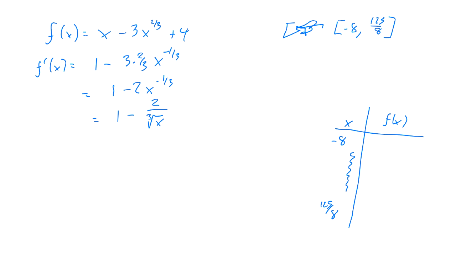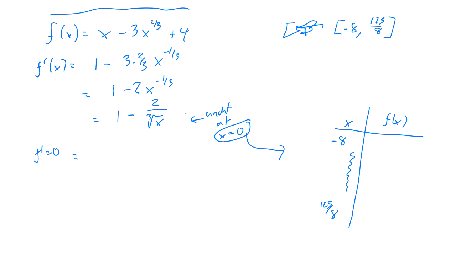Critical numbers are any place where the derivative is either 0 or undefined. Now notice that this is undefined at x equals 0, and 0 is both in the domain of f, and it's also between -8 and 125/8. So that's definitely one of our critical numbers. We're going to have to add that to the list.